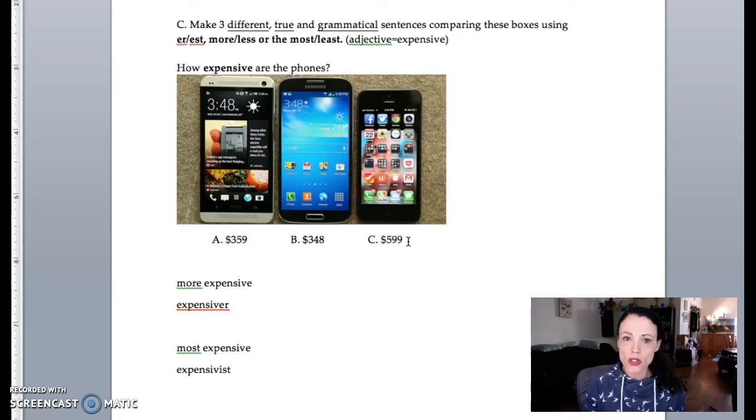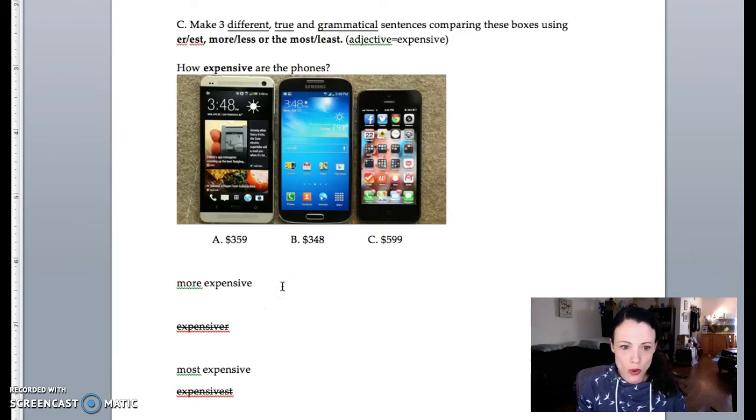With the 3-syllable adjectives, your choice is clear, right? No ER, and no, oh, I should say EST. No EST. You can tell my computer's making it red, right? Because it's not possible.